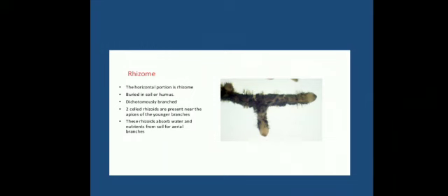The rhizome portion is buried in the soil or humus. It is also dichotomously branched. It contains hairs called rhizoids, which help in absorption of water as well as nutrients from the soil for the aerial branches.